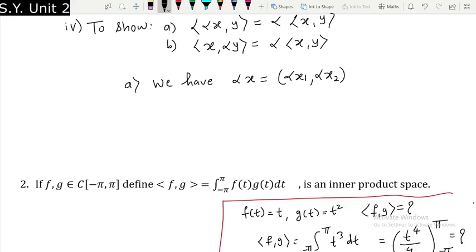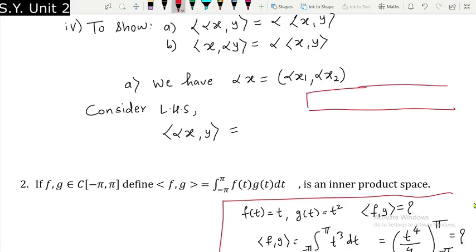Now I will consider the left hand side, LHS, and my LHS is the inner product of alpha x with y, which will be equal to, according to our definition, and better to write it again, the inner product of x1 x2 with y1 y2 is equal to y1 inside the bracket x1 plus twice x2, plus y2 inside the bracket twice x1 plus 5 times x2. That is how it goes.